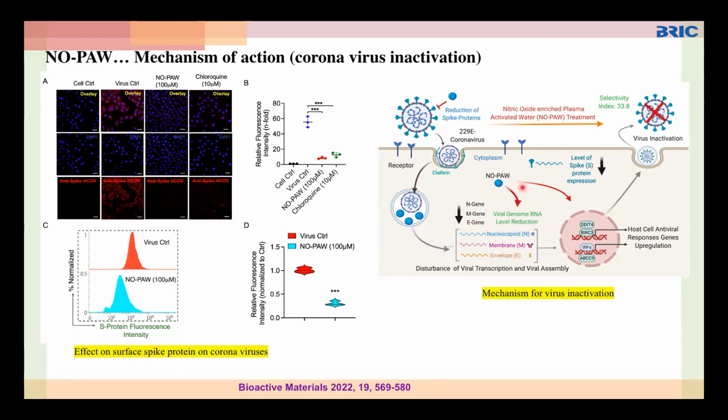And it is not only affecting the virus, it is also affecting the human host cells to express a high amount of antiviral response genes, which are responsible for the defense against virus infections. So we get three things by this treatment. And finally, we have a very nice antiviral strategy for inactivation of coronavirus. That is reported in this paper.